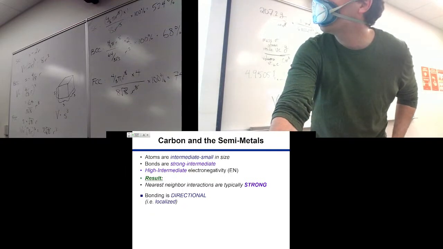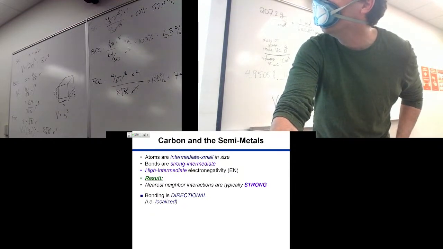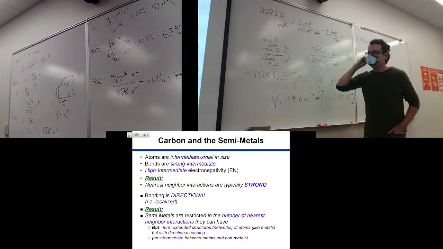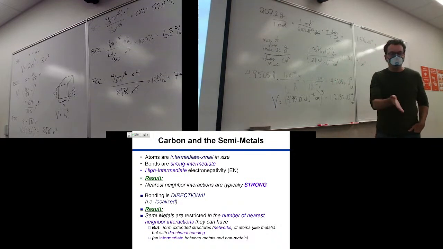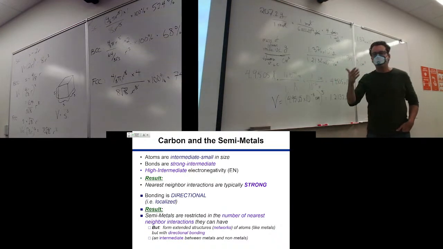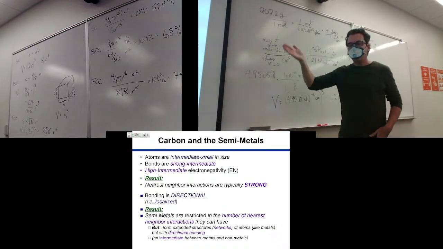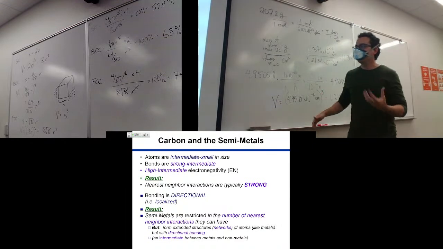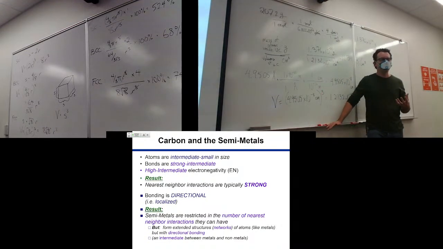But when you have this slightly higher electronegativity, the bonding is more directional. They're localized. And so semimetals and carbon, which is kind of a lowish, medium to high electronegativity, are really restricted in the number of nearest neighbor interactions they can have.